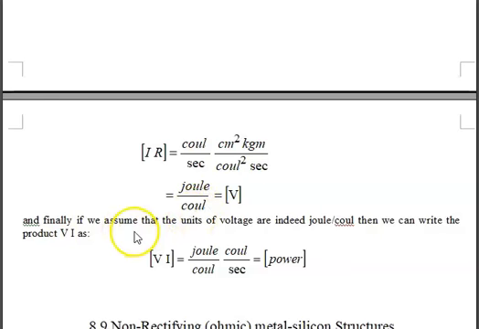And finally, if we assume that the units of voltage are joules per coulomb, then we can write the product of the voltage times the current as: voltage is joule per coulomb, current is coulombs per second, the coulombs cancel out, and I get joules per second, which is power. And of course we know VI is indeed power, and it's measured in energy per second.